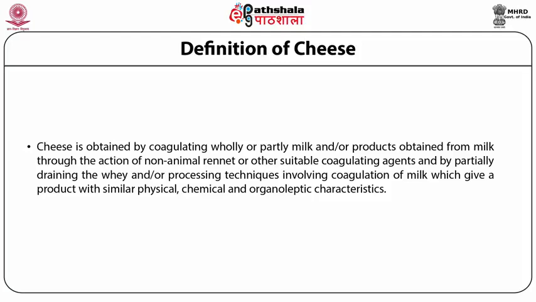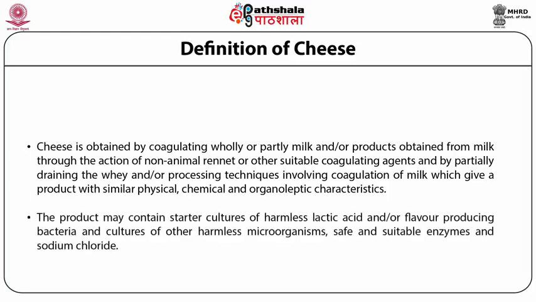Let me be very clear that cheese making itself is a continuous dewatering process. So any processing aspects in which the water will be expelled out of the curd will finally make it towards a cheese product.